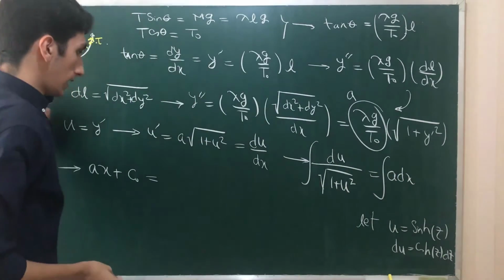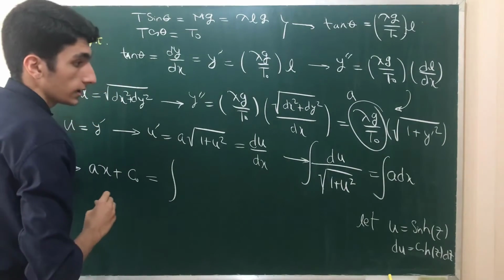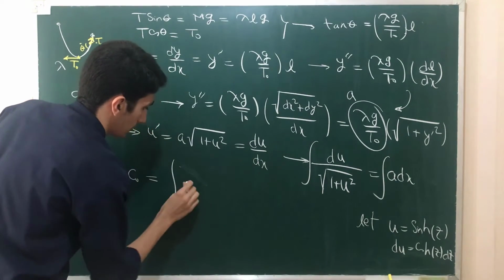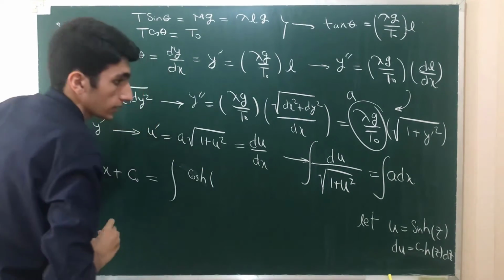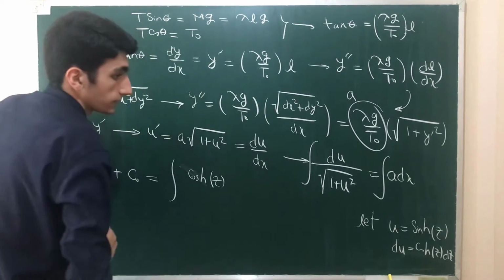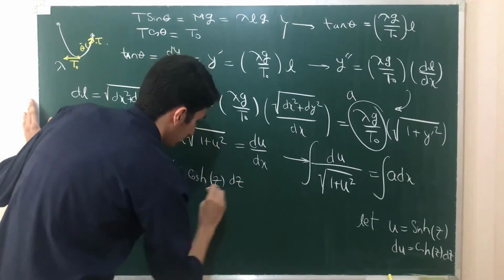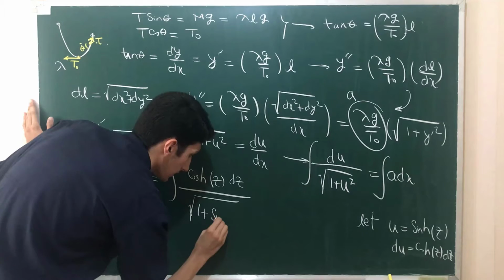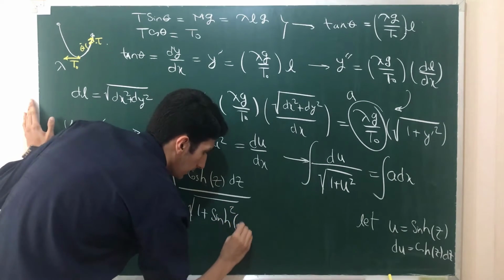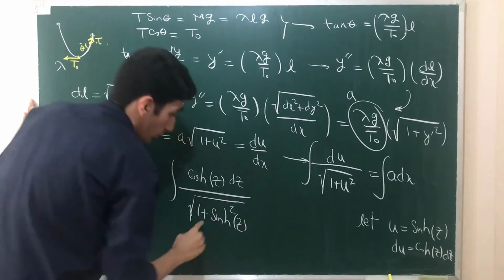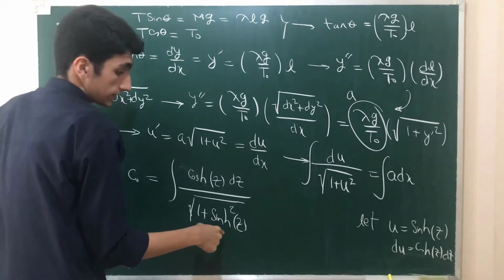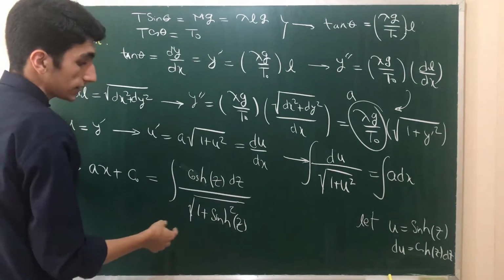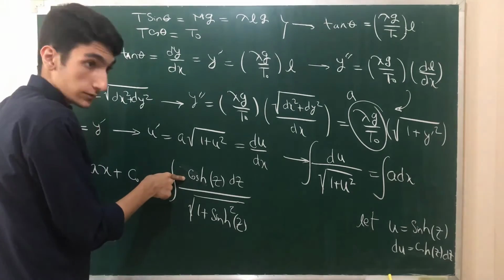So this integral would change to the integral of hyperbolic cosine of z dz over the square root of 1 plus hyperbolic sine of z squared. Which, 1 plus hyperbolic sine of z squared is the same as hyperbolic cosine squared of that variable.